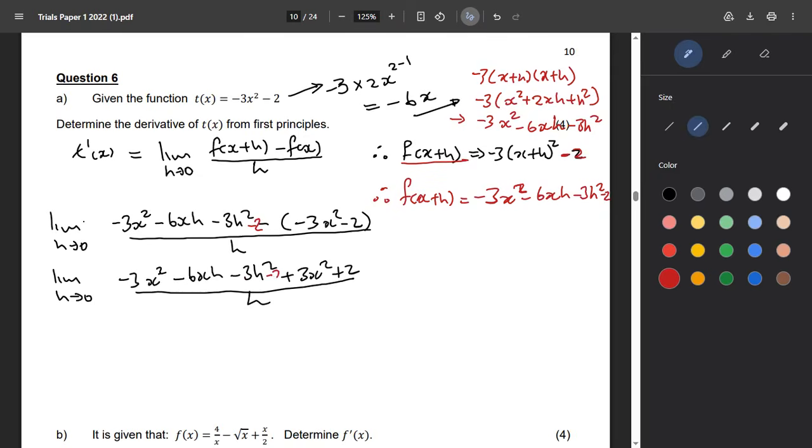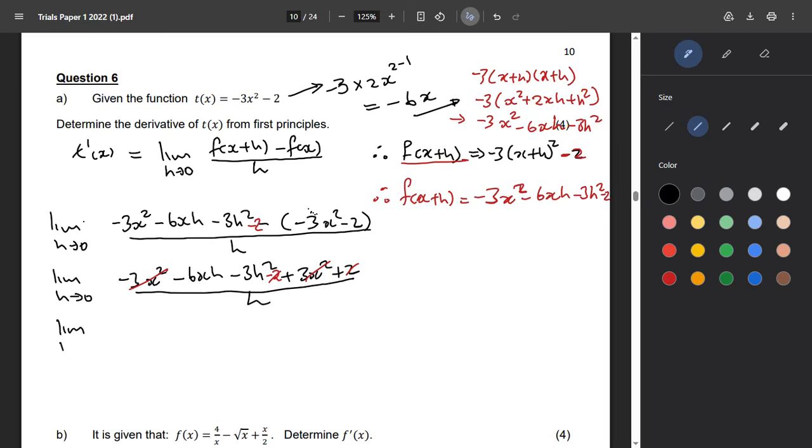Okay, so this minus 2 and that 2 cancel, the 3x squared and the minus 3x squared cancel. How did I see that we missed something? I know that this f at x that is inside the bracket will be completely cancelled. When I saw only the 3x squared cancelling, that's when I saw that there's something wrong.